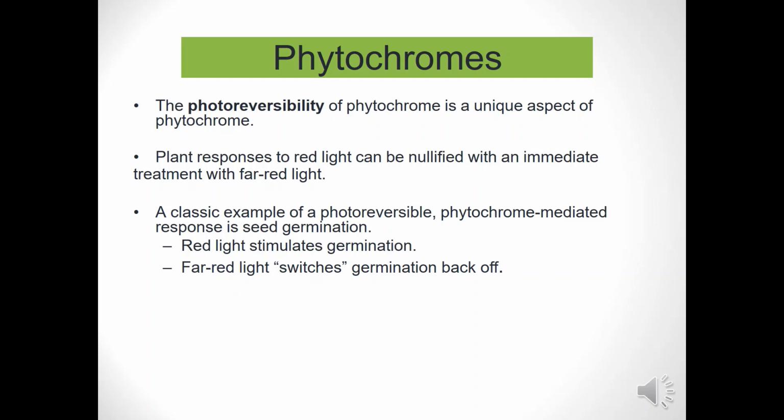However, they have another stage. The first stage is absorbing red light. The second stage is absorbing the far red light. When they absorb the far red light, it will switch off the seed germination. Do you understand? First they germinate, stimulating germination, and after that they switch off the germination because they absorb the far red light.